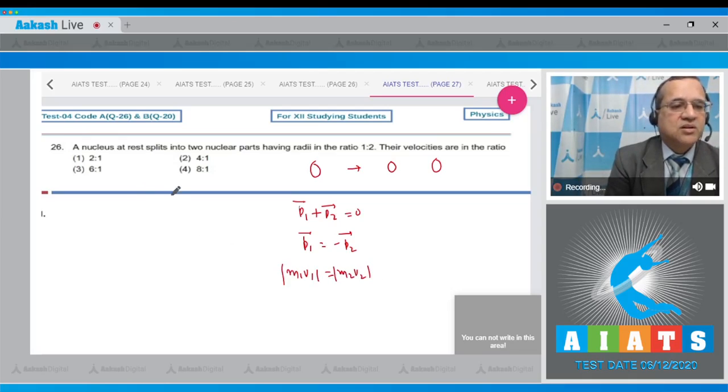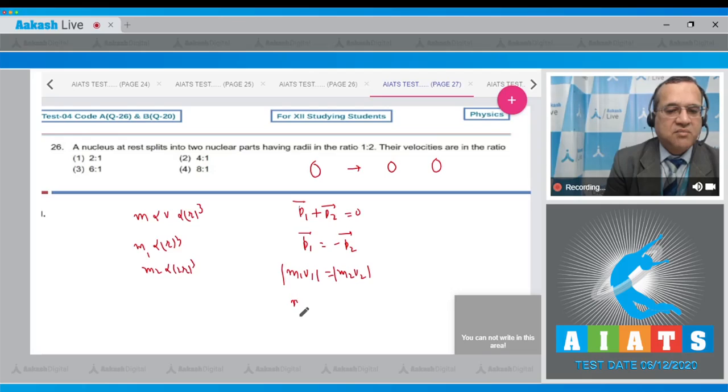And you know, these are spherical in shape and mass is proportional to volume, and that is proportional to radius cubed. And if the radius of one has mass m, then the second will have the mass of 8 times.